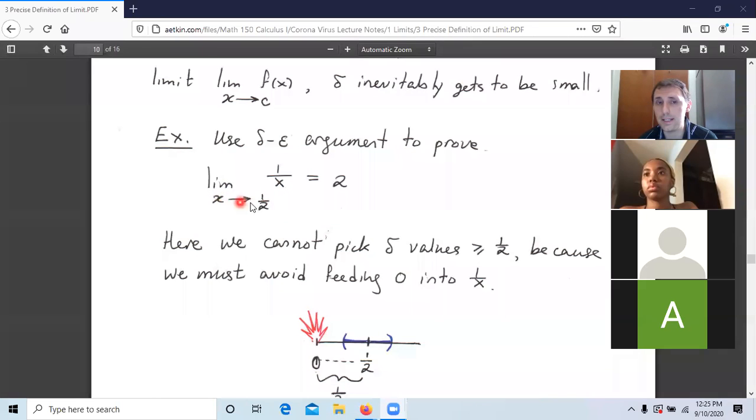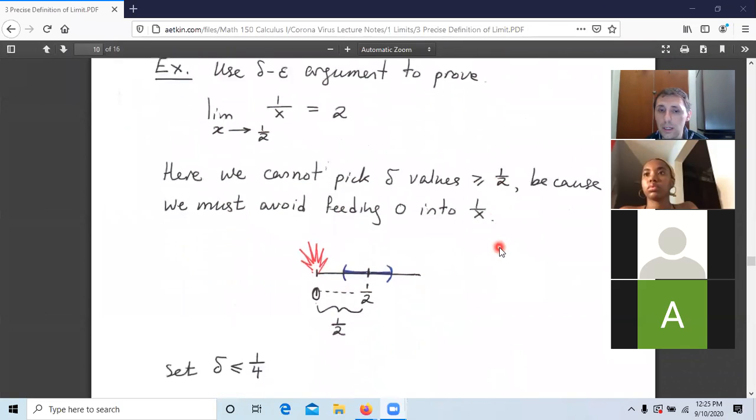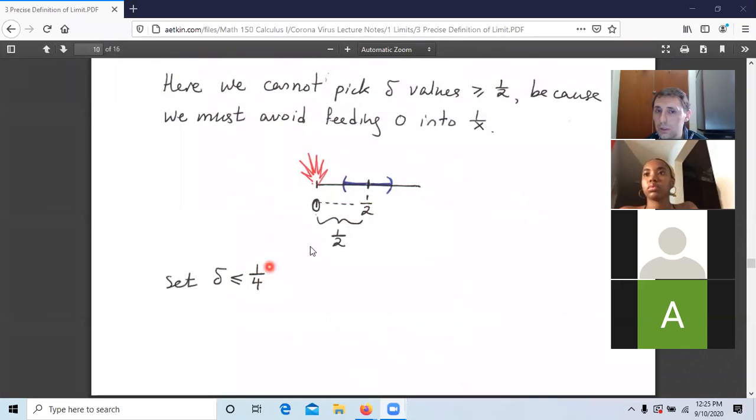So the limit as x goes to 1/2 of 1 over x is supposed to equal 2. Now, that means that my current is coming from around 1/2, but 0, I cannot plug 0 into 1 over x. So it's a dangerous value, right? So my toolkit for delta will have to have radius smaller than 1/2 because I don't want this infinity point. So I will take my initial delta to be less than or equal to 1/4.